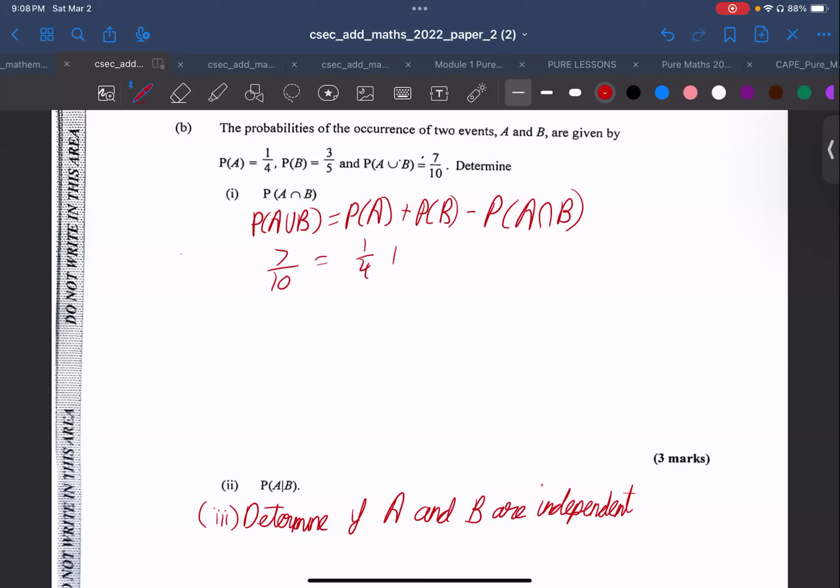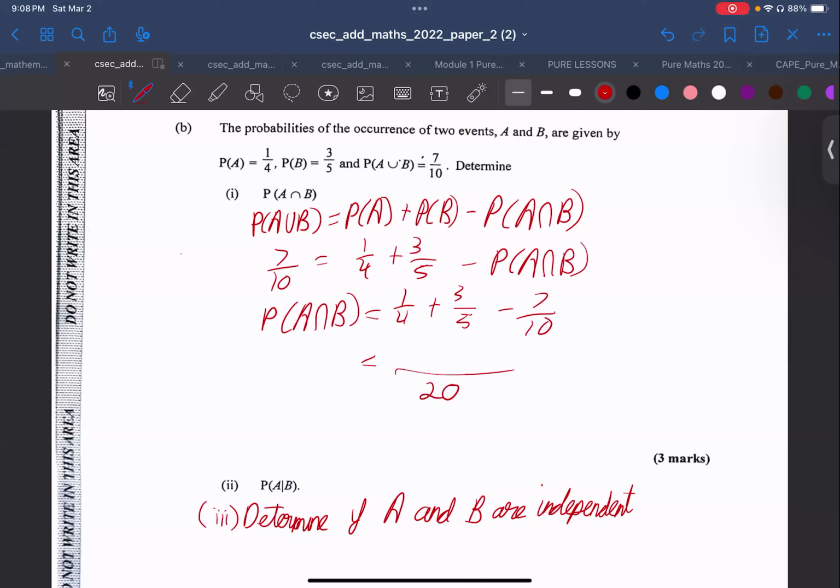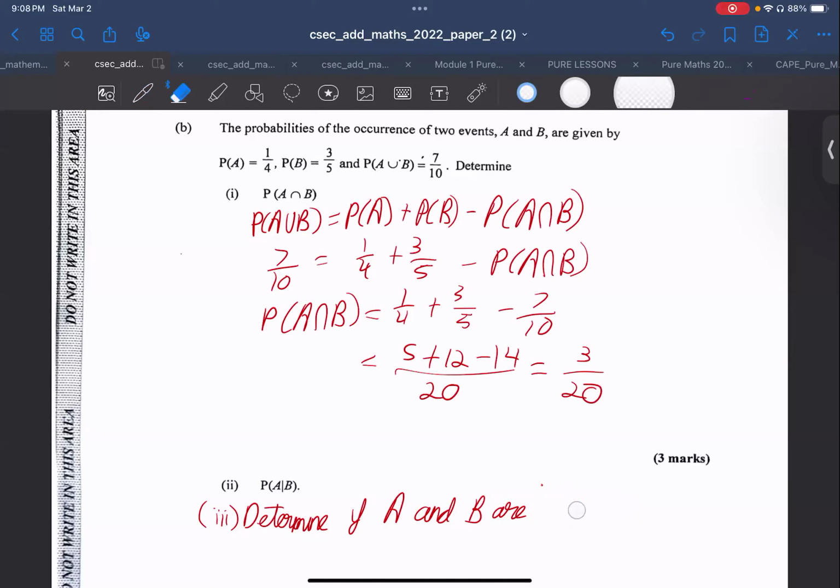It's 1/4 plus 3/5 minus probability of A intersect B. So 1/4 plus 3/5, 7/10, everything over 20. I have a calculator, but I'm stubborn. So 5 plus 12 minus 14, 3/20. Looks right.